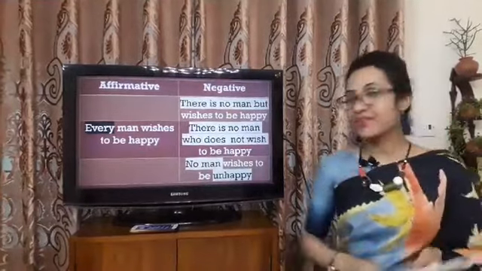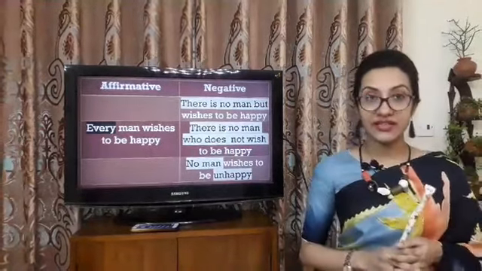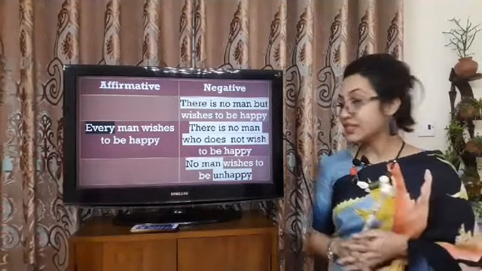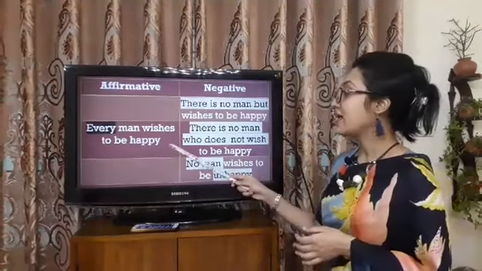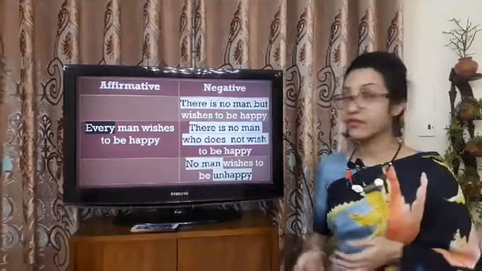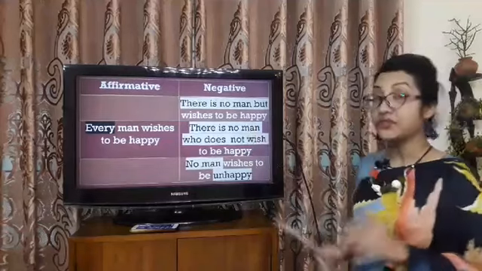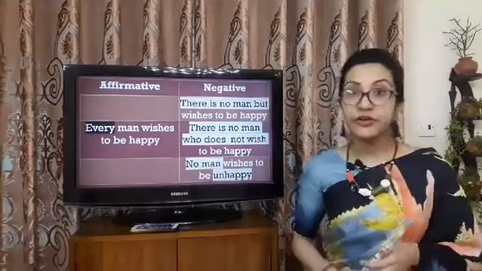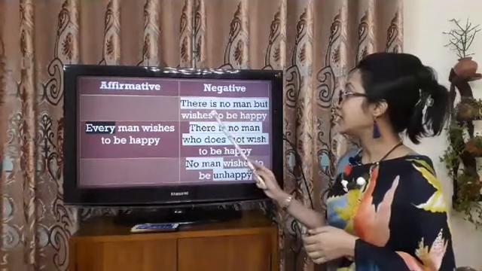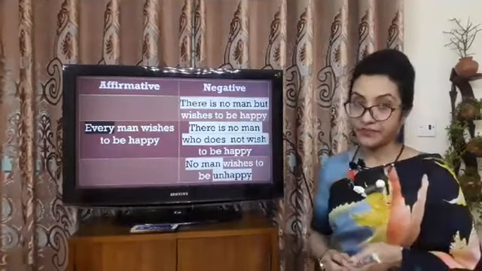So let's see. This is the first example of transformation in today's class. In affirmative sentence, we have a sentence as every man wishes to be happy. Now, I have made it negative in 3 ways. In the first one, I have written there is no man but wishes to be happy.